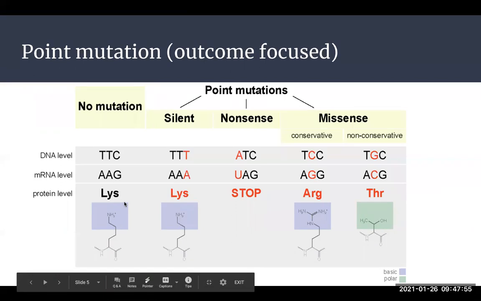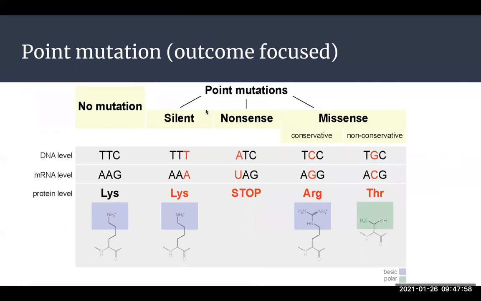Now, if you look at the outcome, a point mutation where you're substituting a base or adding or deleting a base, you can produce a silent mutation, which is, yes, the base has been changed, the codon has been changed, but if you look at the codon table, remember there are several codons coding for the same amino acid. So in this case, although it's been changed, it's still coding for the same amino acid, lysine. So we call this a silent mutation. The overall protein produced by this gene will not change.